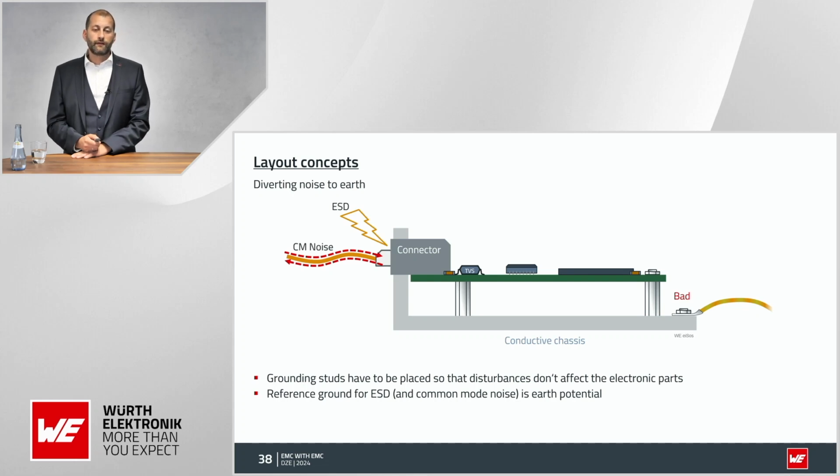Why do we know that? Well, we often see failing ESD tests, and if we attach copper tape onto the connector and onto the casing, so the connection has a lesser impedance than before, we will see most often that they are not failing the test anymore.